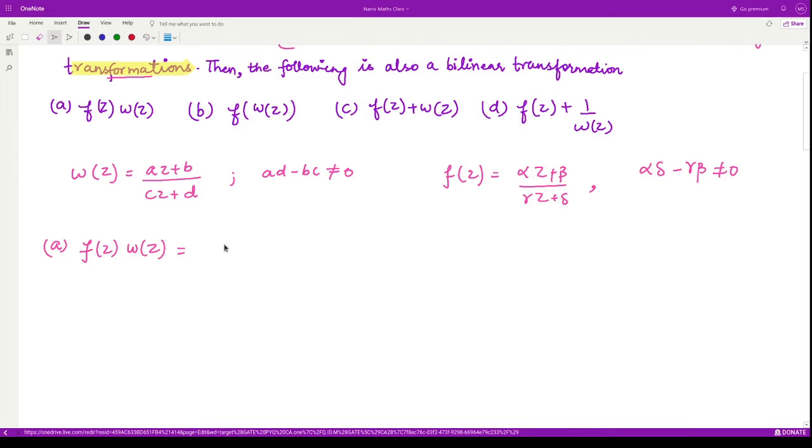So when you multiply these two transformations, you have to multiply these two.